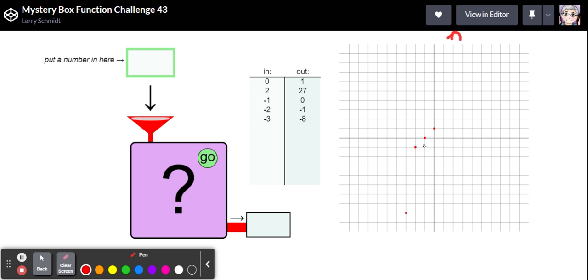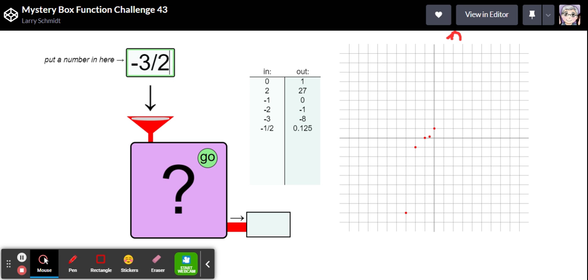We can really see that if we maybe choose the point -1/2, and -3/2. So let's try that. And what I'm looking for is that graph to sort of flatten out around that x-axis, and that's what it's doing. So this is definitely looking like a cubic.